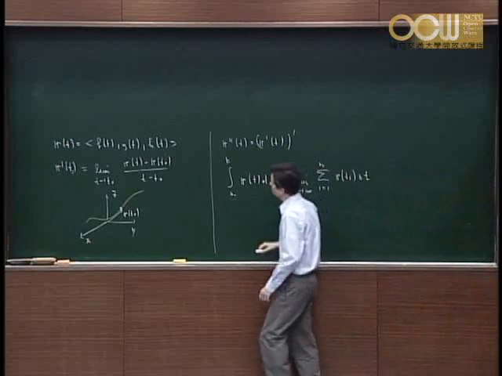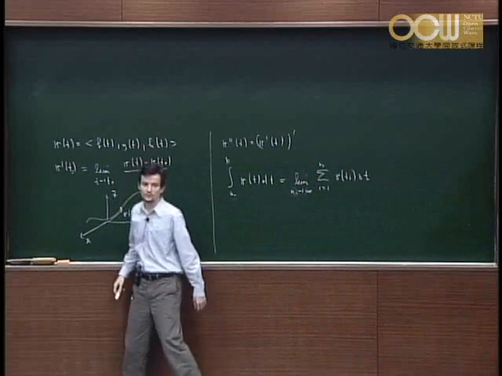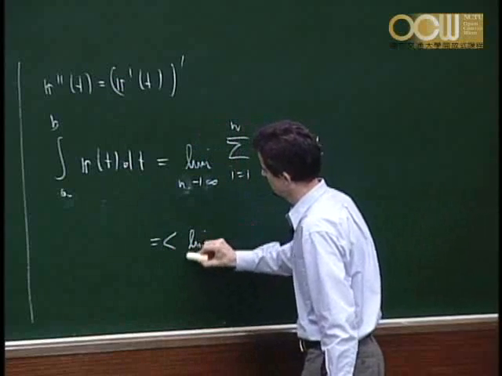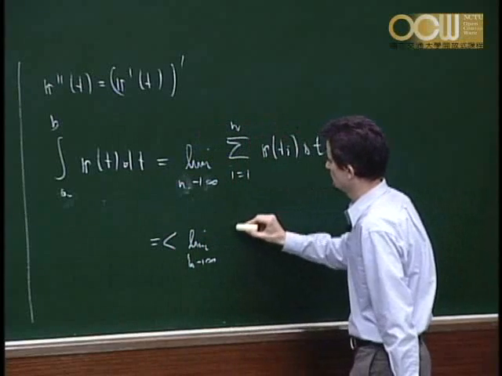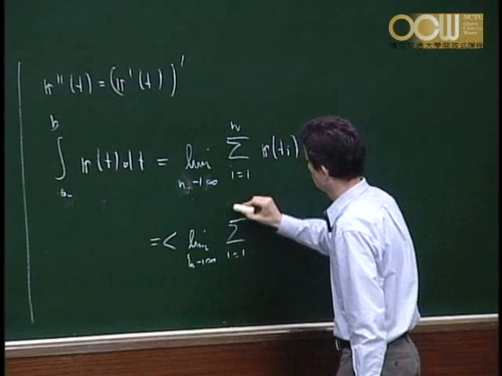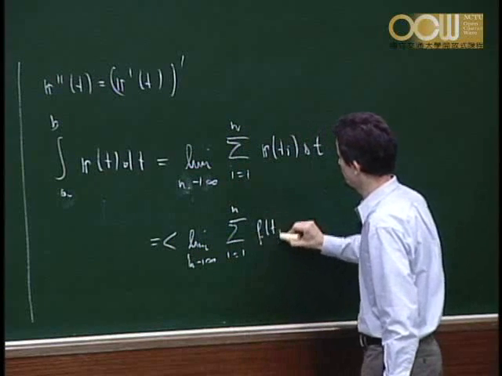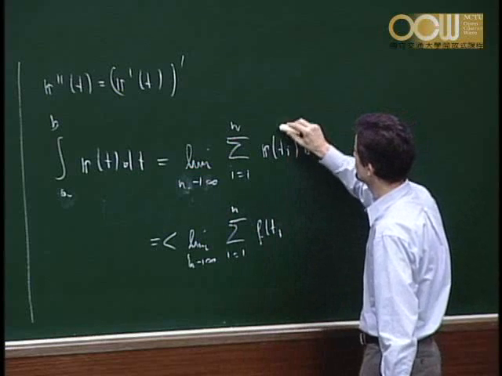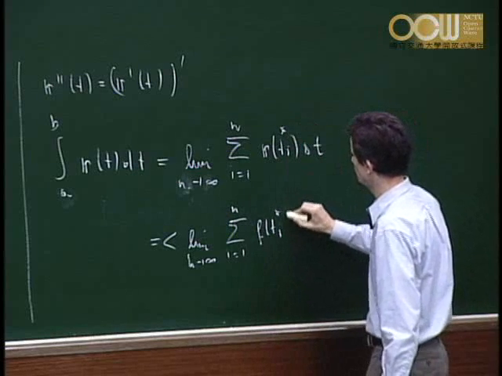So if you rewrite everything in terms of components, then in the first component you have the limit n tends to infinity of the sum i from 1 to n of f of t_i times delta t. Here I chose just some of the endpoints, but in general I can choose any sample points.